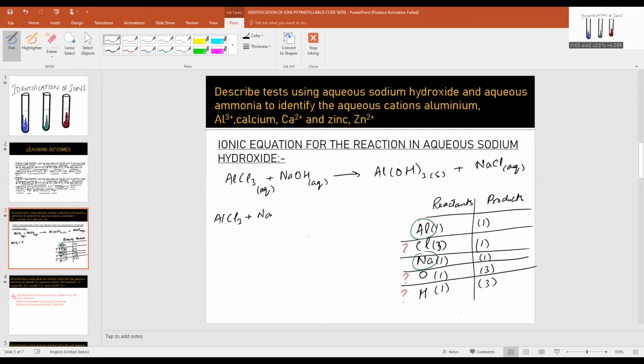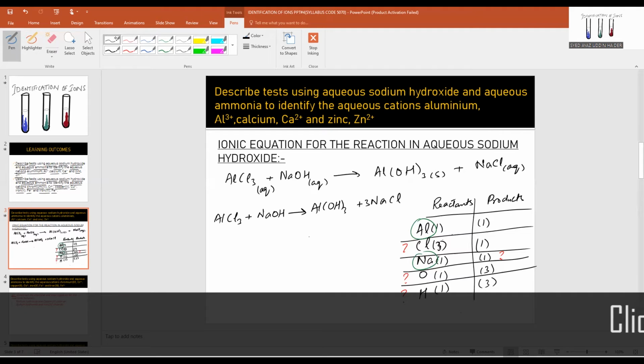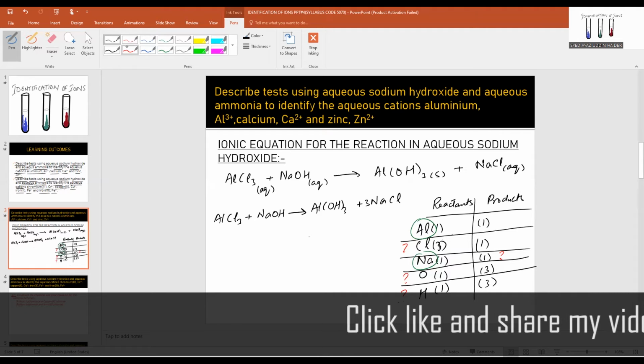I'm not writing the state symbols as I am balancing the equation. If we write 3 here, what will happen? Now Na becomes unbalanced on the product side, and on the reactant side it becomes unbalanced.